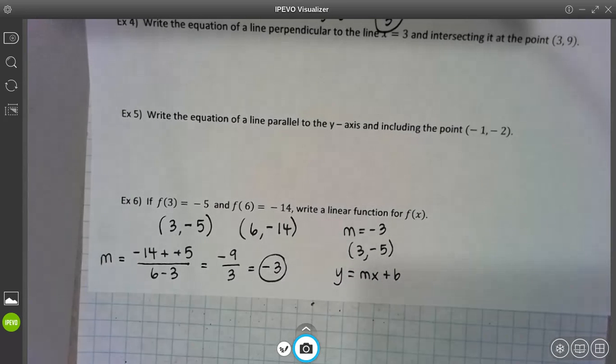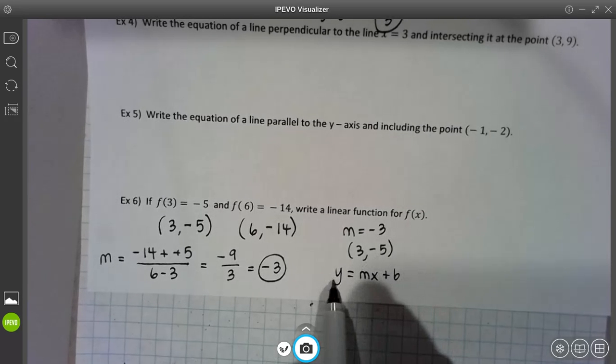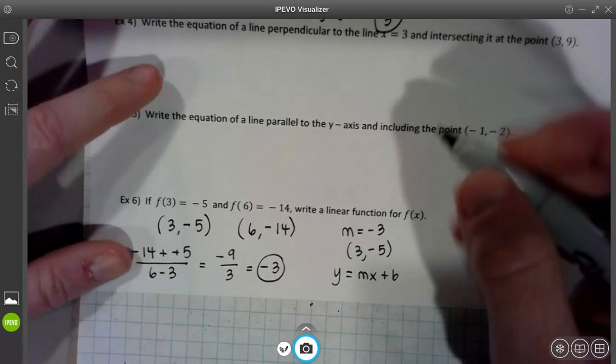All right, so everybody do that. Plug negative 3 in for m, plug negative 5 in for y, and plug 3 in for x, and everybody solves for b.